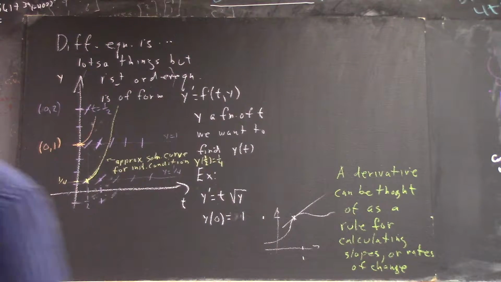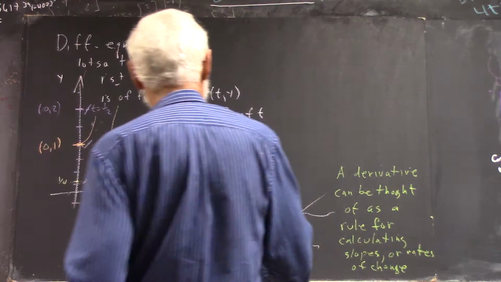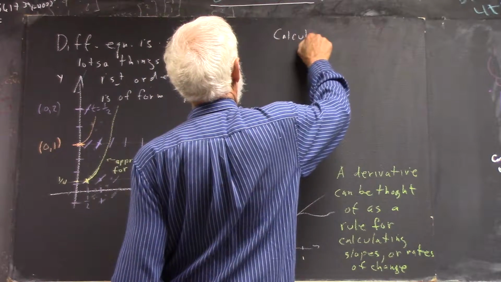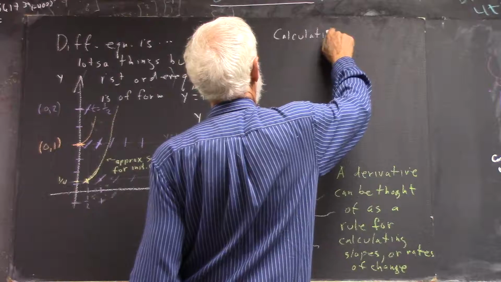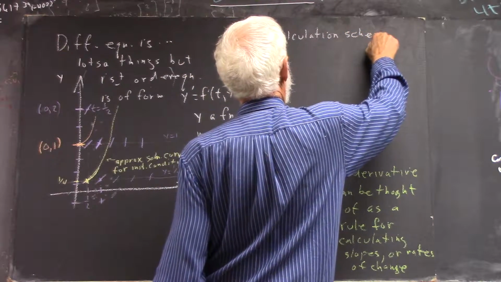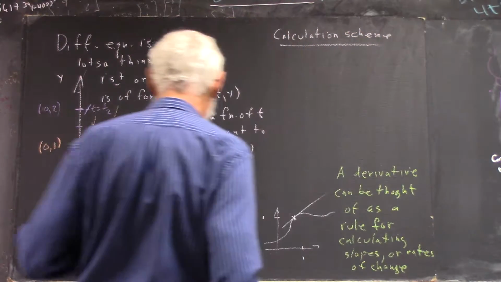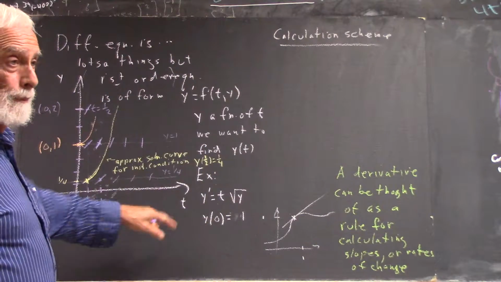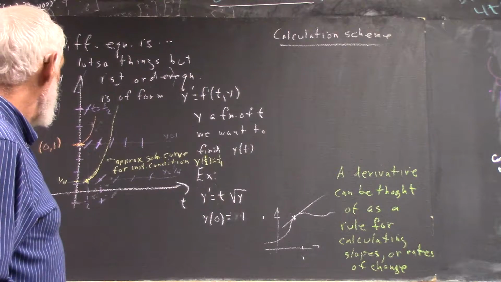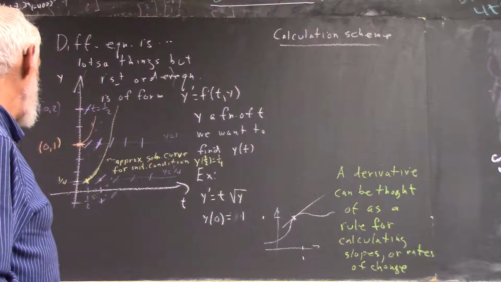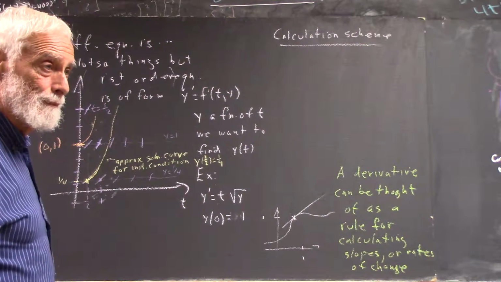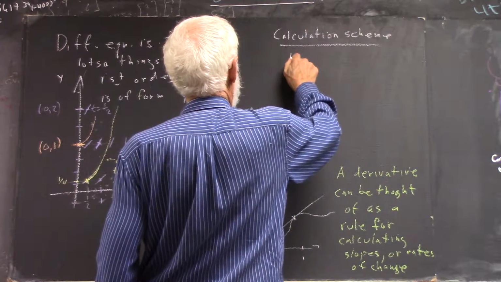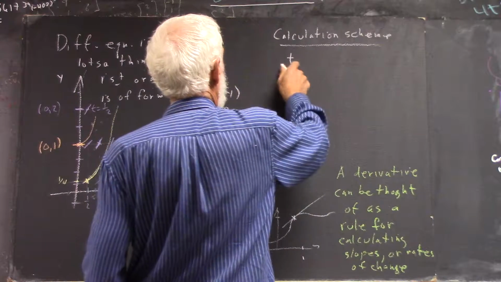Okay, so we're going to set up a calculation scheme. We're going to change t in increments of 0.1. So we're going to have a table for the t coordinate.